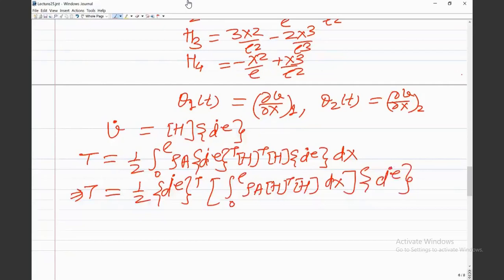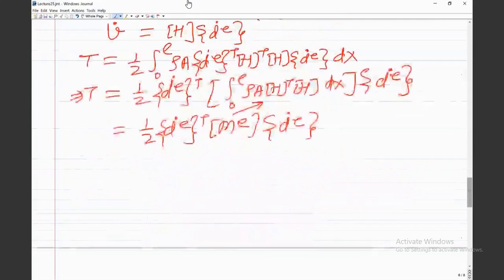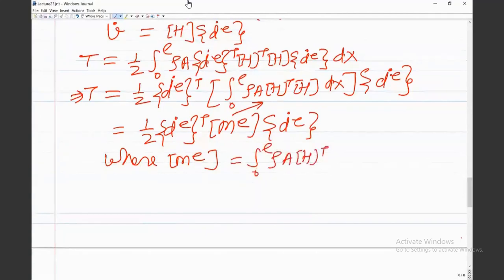So this is what we call the mass matrix. So this is half into dE dot transpose into ME, the element level mass matrix, into dE dot, where ME is basically this. So the element level mass matrix for the Euler-Bernoulli beam element is ME equal to integration 0 to L rho A H transpose into H dx.